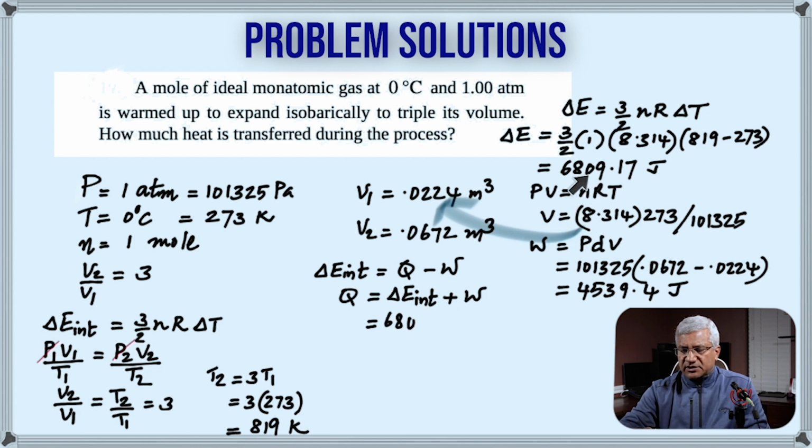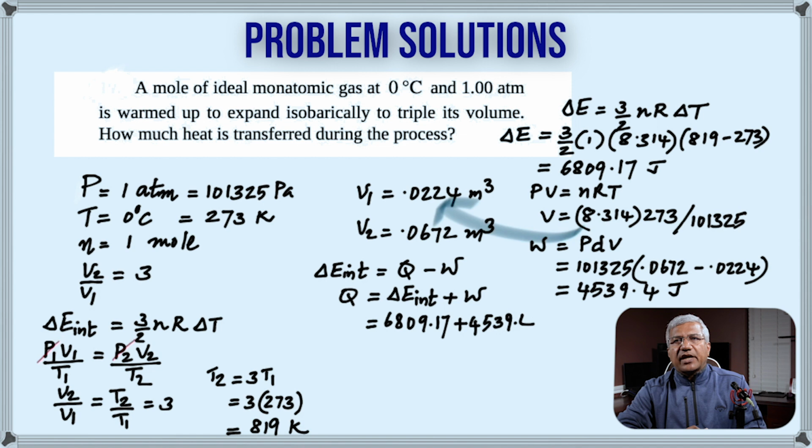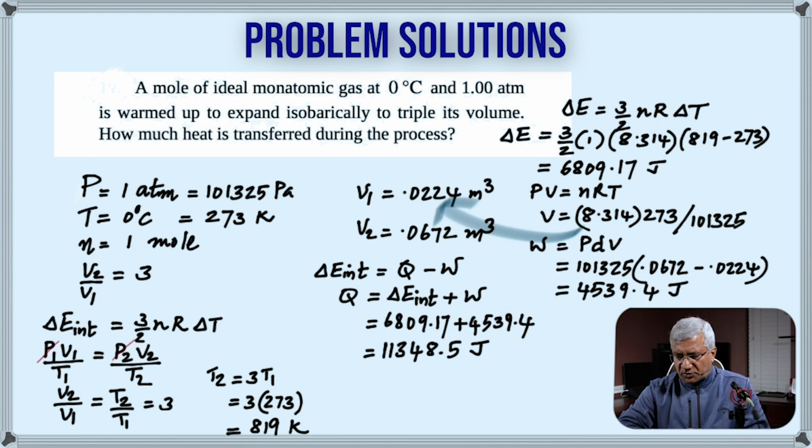Change in internal energy is here and the work is here. So all we got to do is add those 2 quantities, and we find that the heat transferred during this process was 11,348.5 joules. I hope that makes sense.